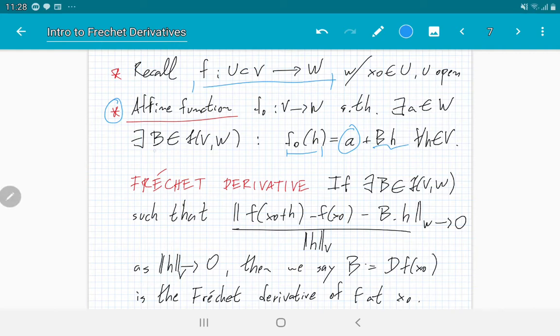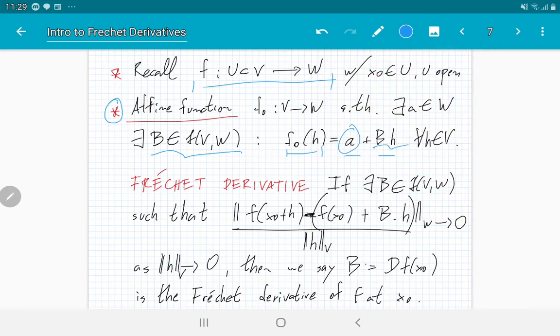And let me be clear, it's a continuous linear function, right? So a bounded linear function. So a function is affine if there exists an a in W, and a bounded linear operator b from V to W, such that f0 of h is equal to a plus b times h for all h. And here comes the definition of the Fréchet derivative, and let me actually write it a bit differently.